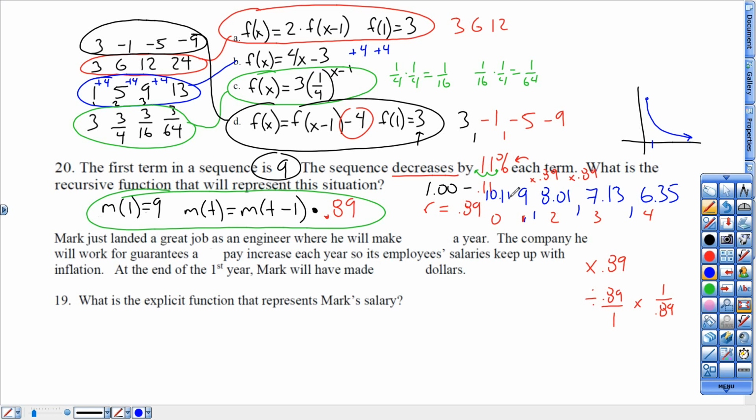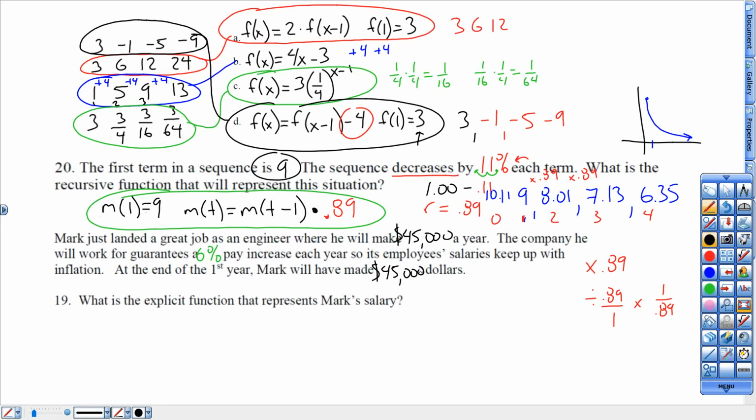Reciprocal. All right, last one, last problem. This one is increasing. We're saying he's making, let's say, $45,000 a year, with a 6% increase every year. He will have made in 1 year 45,000. That is the first term. Second word, of course, is blue.